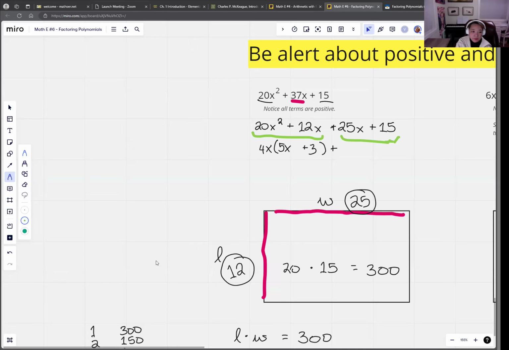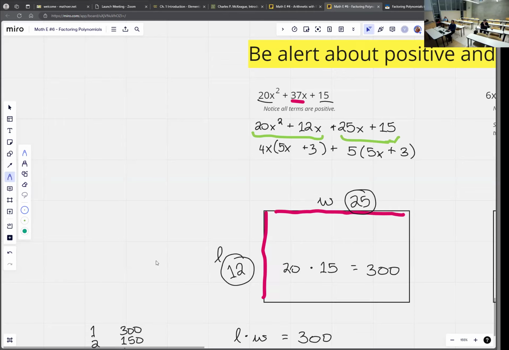I could think more about x's, but there's no x's in 15, so all I have is a 5. So I need 5 more x's. 5 times 5 is 25. And 3. Oh my goodness, they match, 5x plus 3 in both parts. Who would have thought of that?